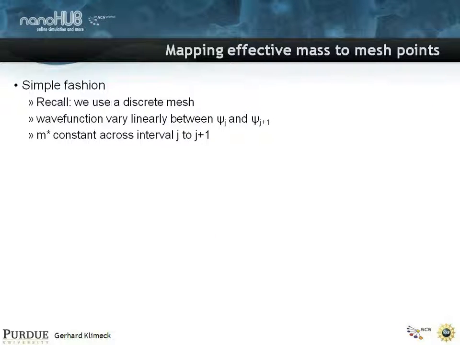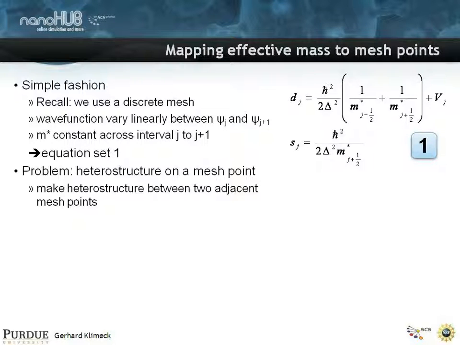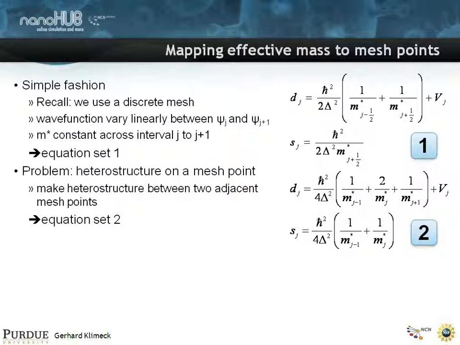If you do this in a simple fashion where the effective mass varies from mesh point to mesh point, and you assume that the wave function varies linearly between mesh points and that m star is constant across, you come up with a discretization that looks like this. If you assume that the heterostructure is on a mesh point, and you change it so it's between mesh points, then you come up with a discretization like this.